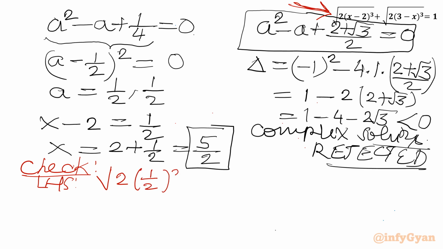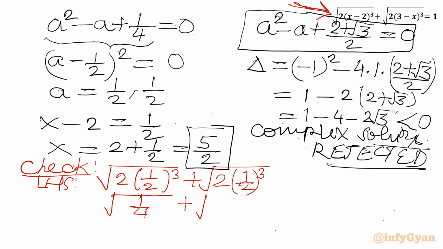Half, whole cube, plus the square root of 2 times (3 − 2 and a half), so again it would be half there, whole cube. So this will become the square root of 2 over 8, so 1 over 4 plus the square root of 2 over 8. So 1/2 plus 1/2, which is equal to 1, and this is our RHS.